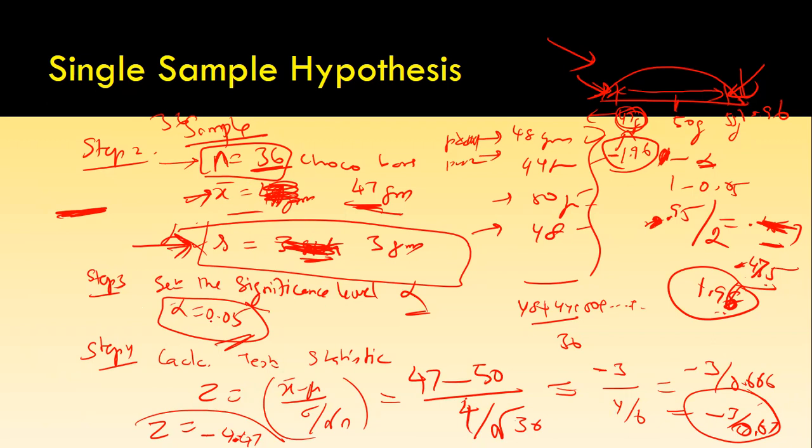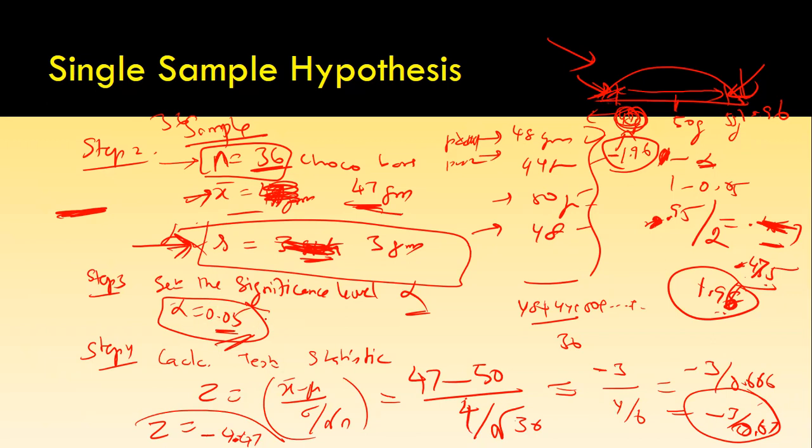The next step is to define the significance level. Why do we need the significance level? Because we cannot use the value as it is. Anything less than this critical value falls in the rejection region, and we define that rejection region area with the alpha value.